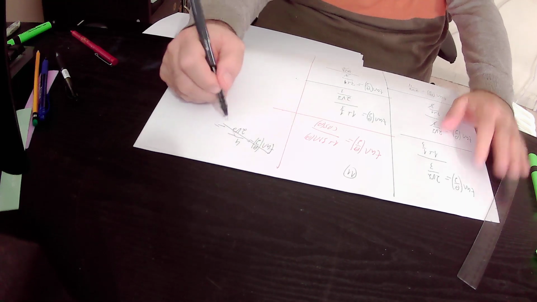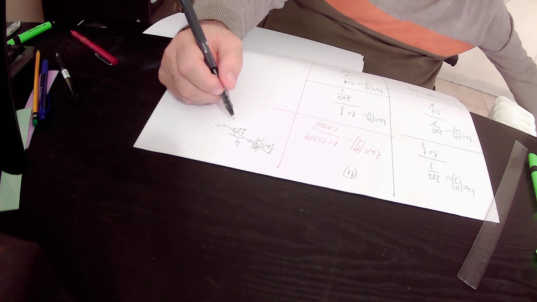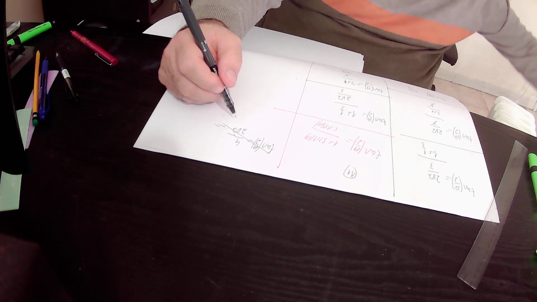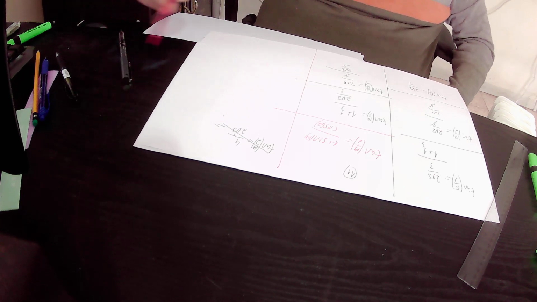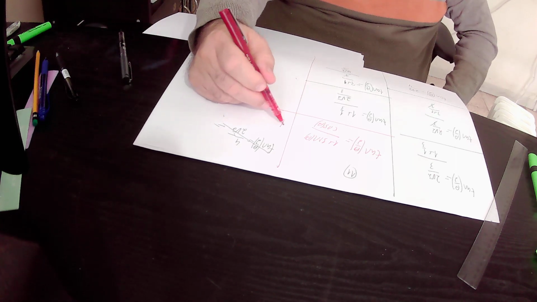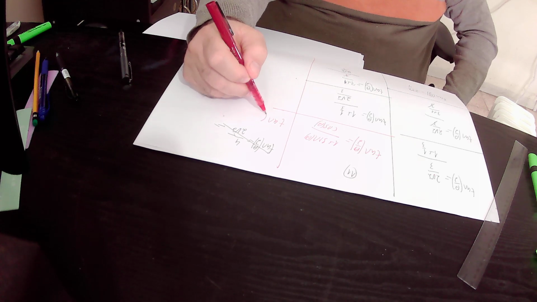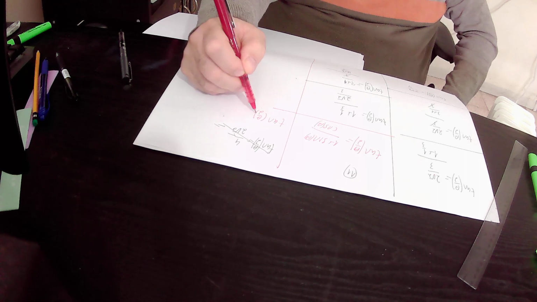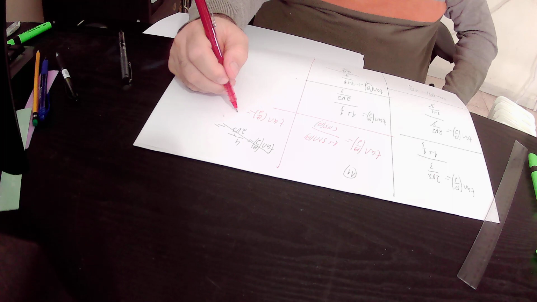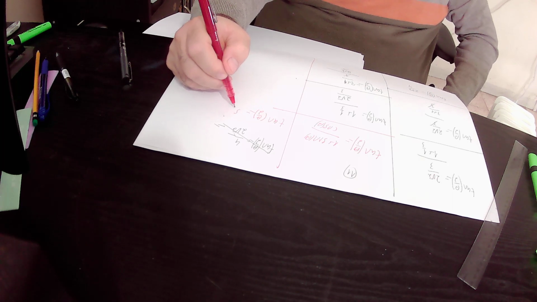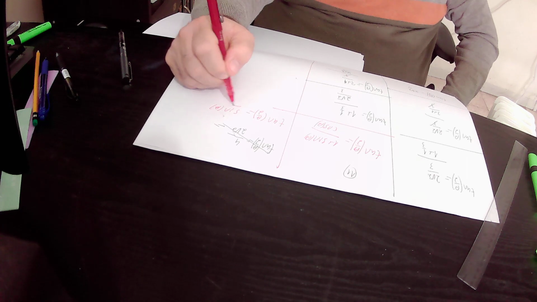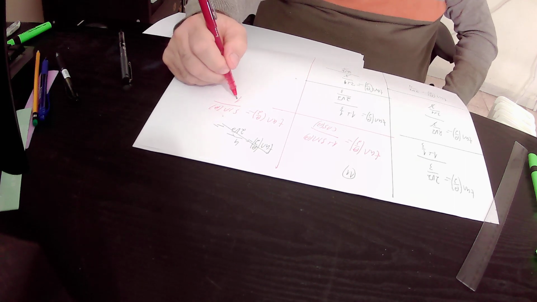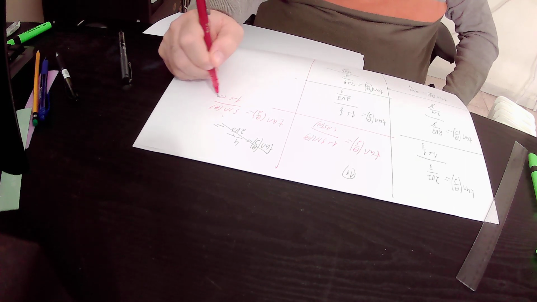So actually the trigonometric identity of tangent theta over 2 is equal to sine theta over 1 plus cosine theta.